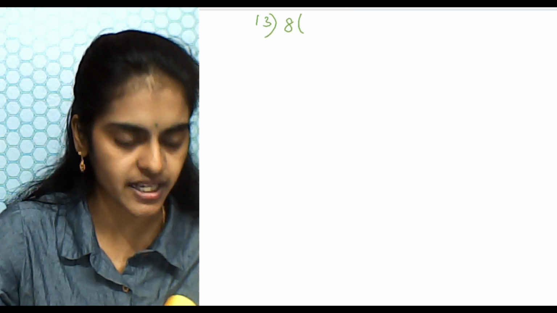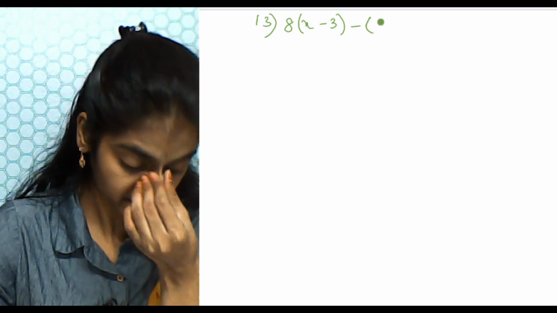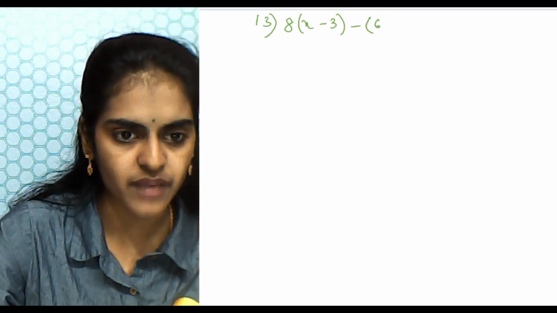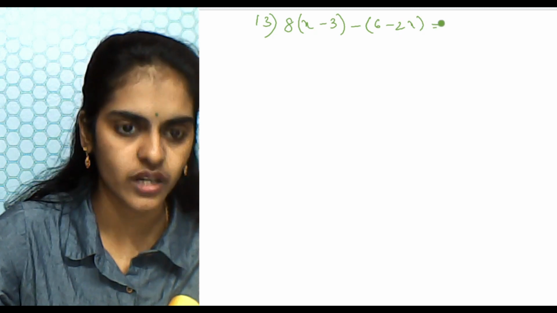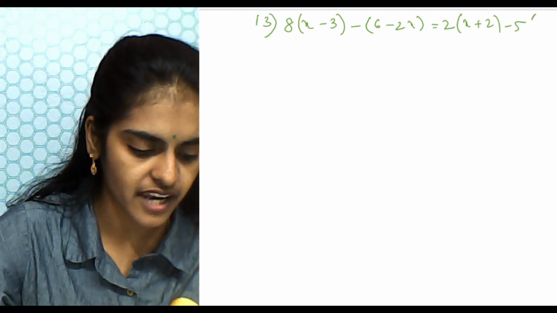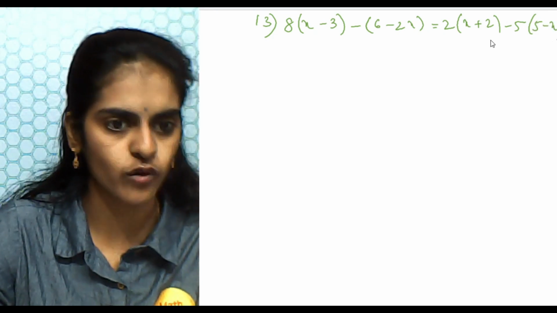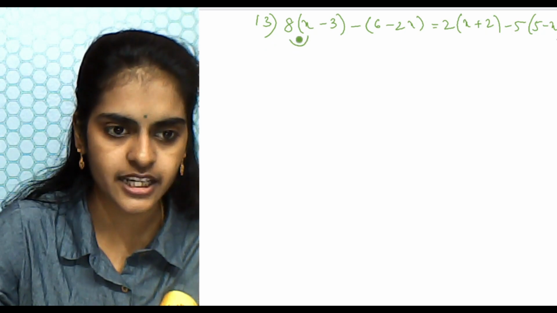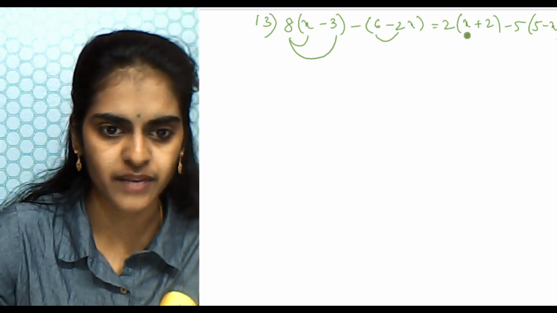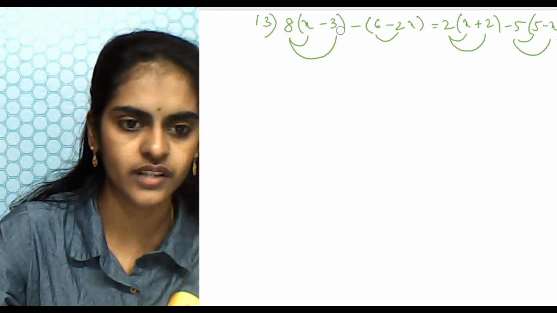So you have 8 multiplied by (x minus 3) minus 6 minus 2x is equal to 2 multiplied by (x plus 2) minus 5 multiplied by (5 minus x). Okay, so this is what we have. Now firstly you will multiply these brackets. Here you don't have any bracket.